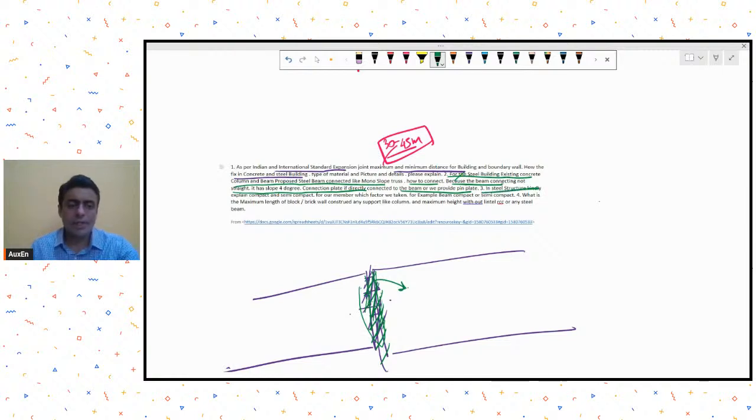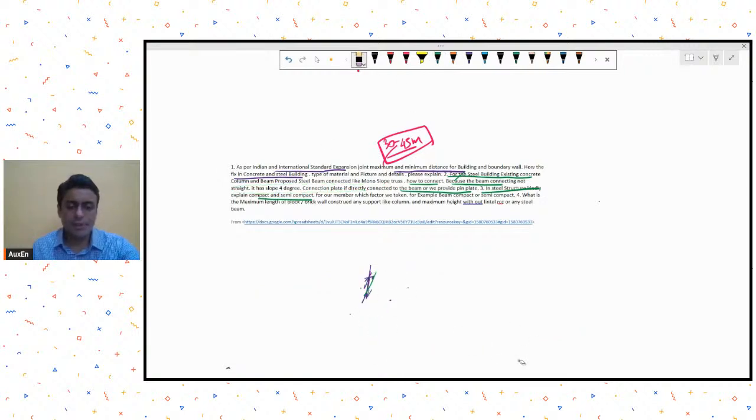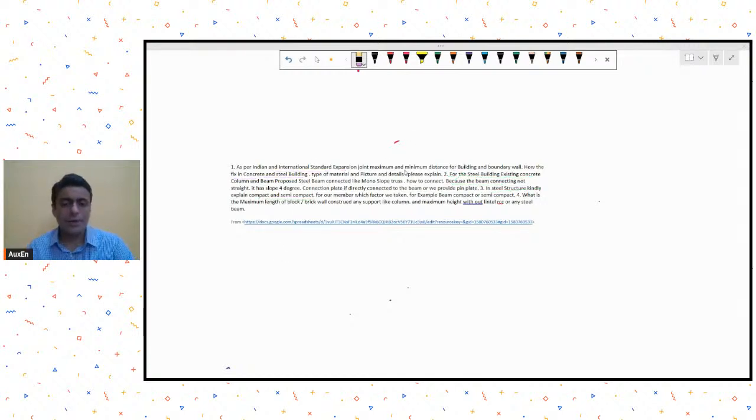In steel structure, kindly explain compact and semi-compact. See, this compact semi-compact is the classification which is based on the local buckling effects which your cross section may undergo under the effect of any compression. That compression may be generated due to axial compression or bending compression.